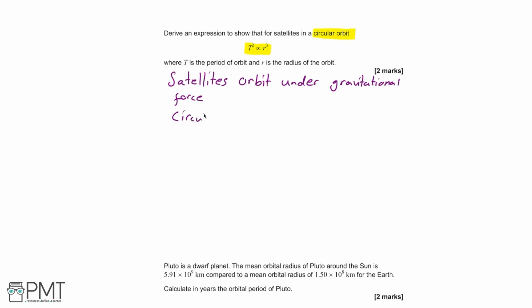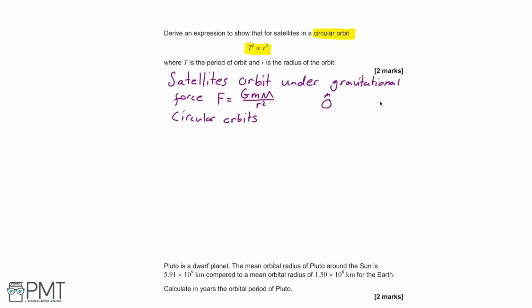So what this means is that we can use various equations relating to these 2 concepts, specifically that the gravitational force is given by F is equal to G, Newton's gravitational constant, multiplied by the mass of the object that the force is acting on, multiplied by the mass of the object that's generating the field, divided by the distance between them squared.